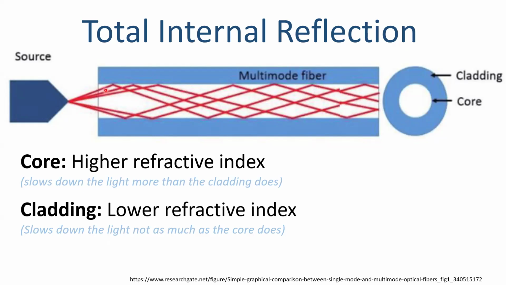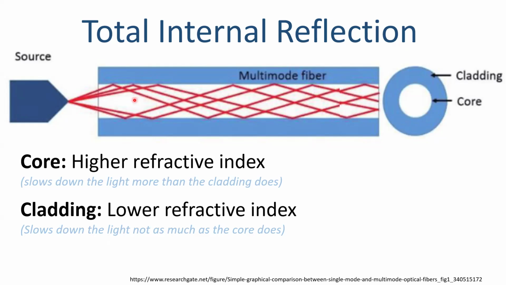Now, we want this core here to be slightly doped with whatever materials that we can dope it with to make it slightly impure. And the cladding, we're going to also dope, but in a different proportions, so the cladding is not as dirty, quote unquote, as the core.